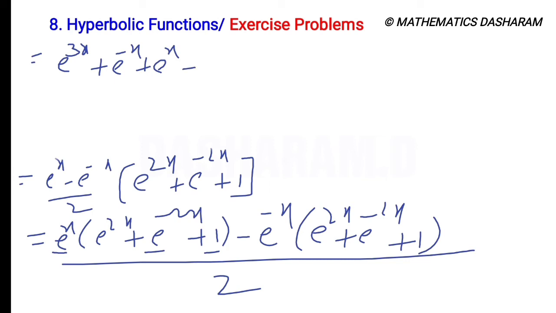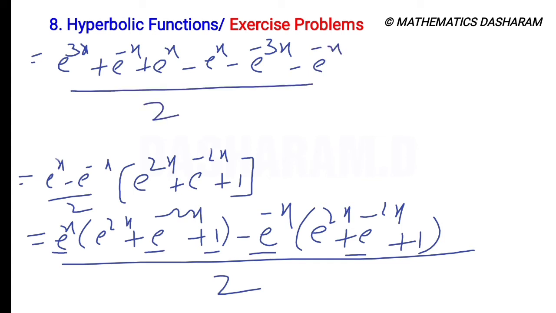Similarly, minus e to the power of minus x into e to the power of 2x is minus e to the power of x, minus e to the power of minus x into e to the power of minus 2x is minus e to the power of minus 3x, and minus e to the power of minus x, all divided by 2. So now plus e to the power of minus x minus e to the power of minus x, and e to the power of x minus e to the power of x, cancel.